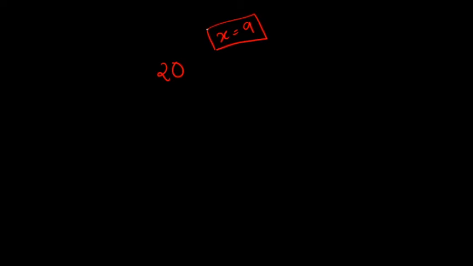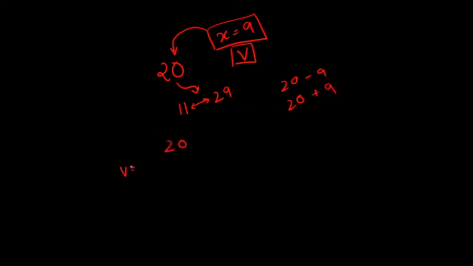When x is 9, we go to 20 and ask what all values we can decide for v. 20 said you can go from 11 till 29. How I calculated this was 20 minus 9, 20 plus 9. So for 20, v can be from 11 till 29.